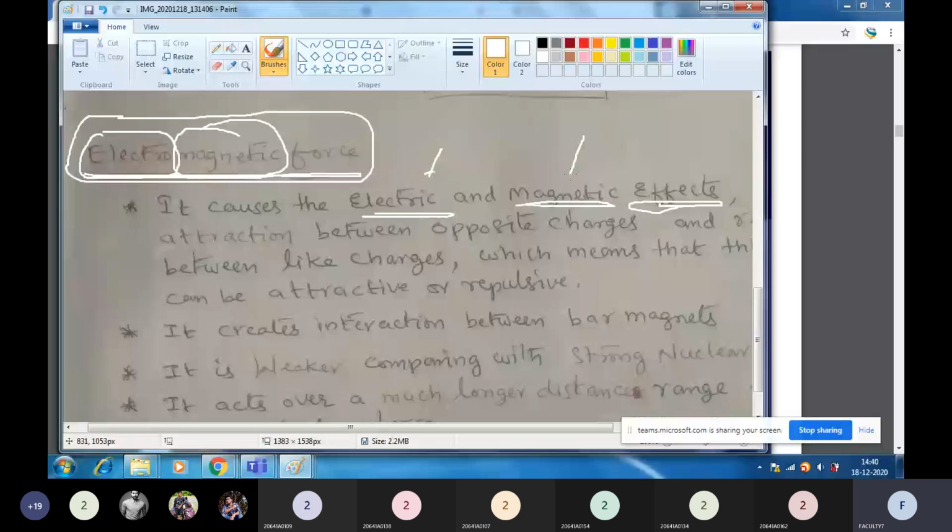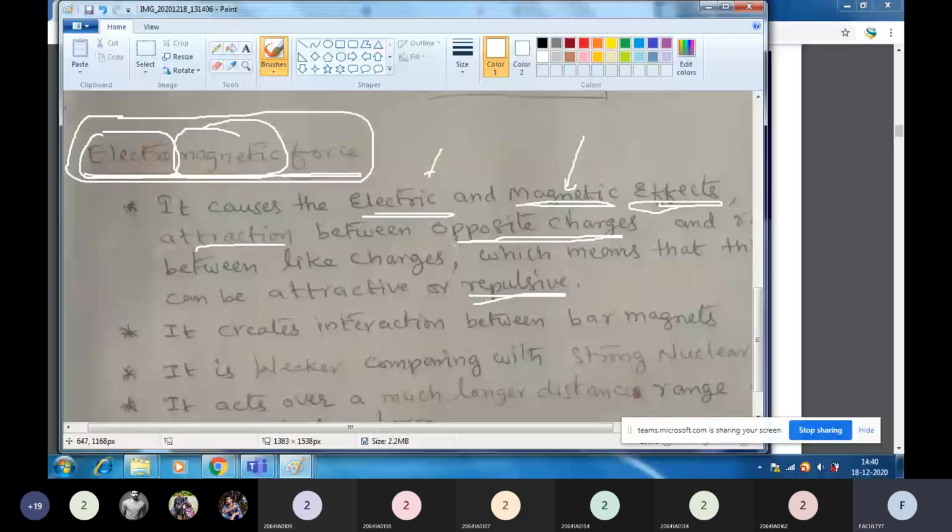Now these forces might be attractive or else repulsive. If you consider two opposite charges or opposite poles, then you will have this force as an attractive force. If you take similar charges or similar poles, then you are going to get a repulsive force.